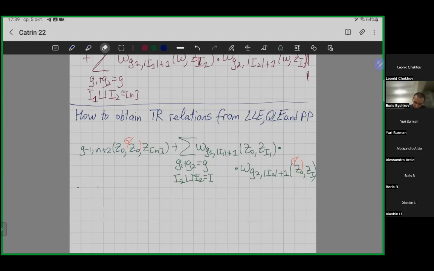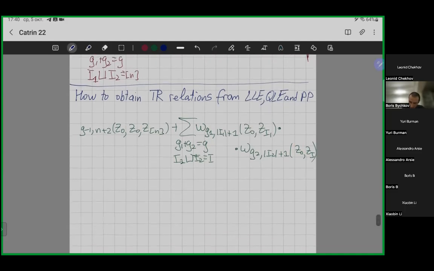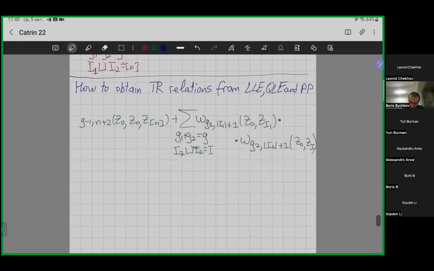So if we have this expression, which is an odd form, let me write this sum in more detail.